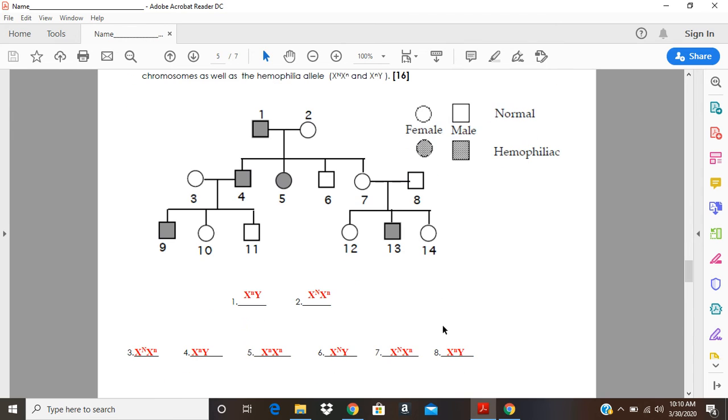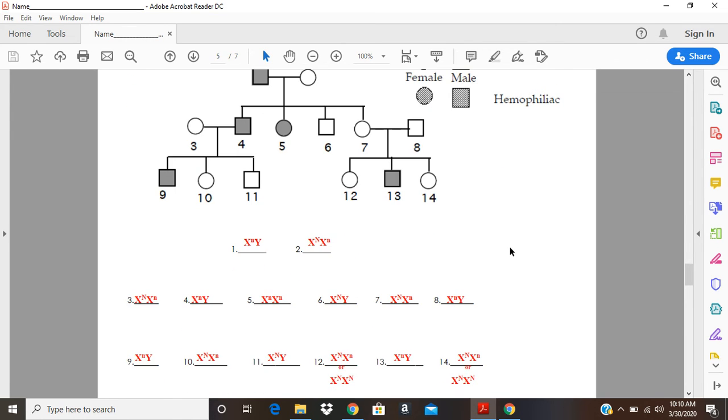So when you look at this, we can see all the possible offspring you have. And notice that number 12 and number 14, because they have 2 parents that don't have it, but you have a son who has it, that means that this mom is a carrier, which means that number 12 could have 2 normal alleles, a big N from dad, a big N from mom, or number 12 could also have a big N from dad and a little n from mom.